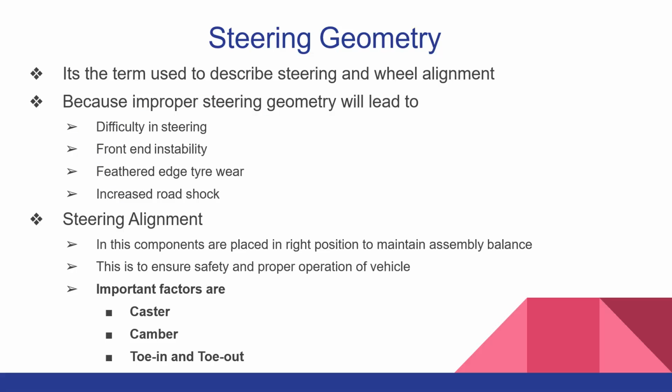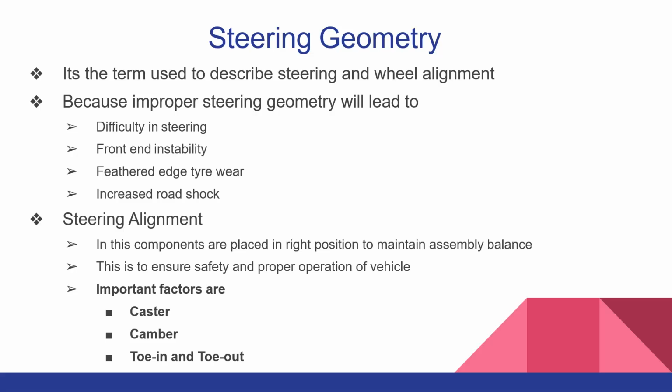Now steering alignment, in which the components are placed at the right position to maintain assembly balance. The vehicle should have a correct steering alignment so that the components are placed at the right position to maintain an assembly balance, and it will ensure safety and the proper operation of the vehicle.